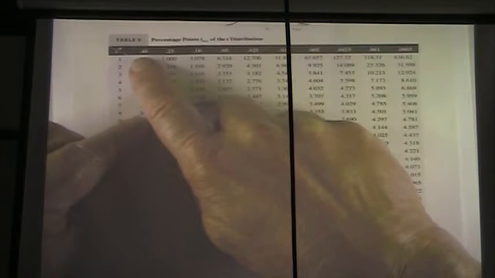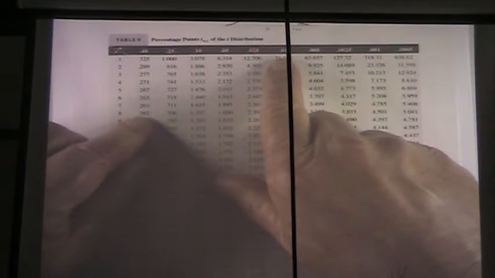So we go from 0.40 to 0.25 to 0.10 to 0.05 to 0.025 to 0.01 to 0.005 to 0.0025 to 0.001, and then finally to 0.0005.